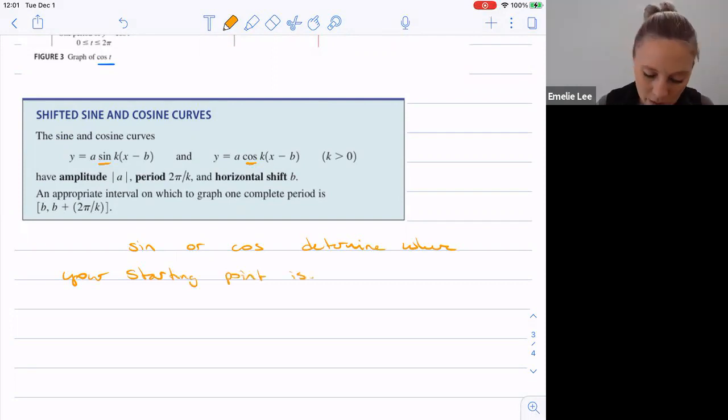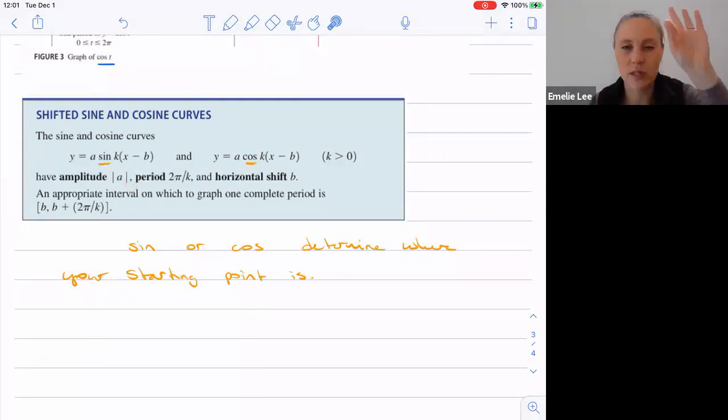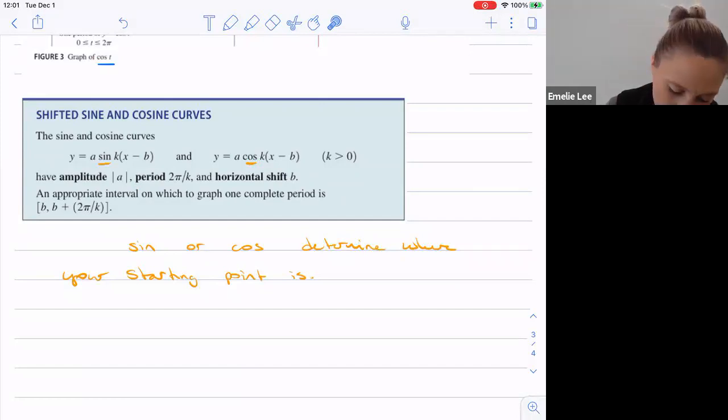If you have a sine, then you know you start at 0, 0. If you've got cos, you know you start at 0, 1, right? And then you go, go, go.